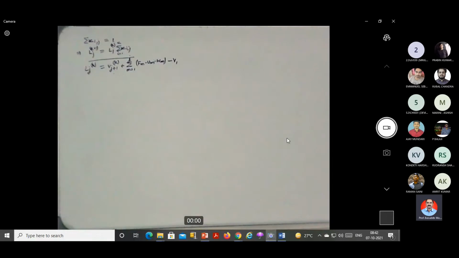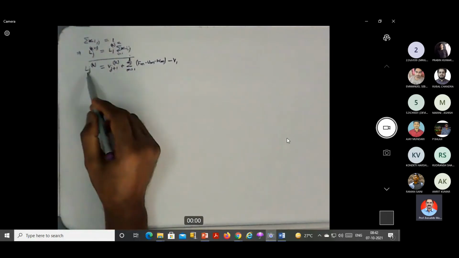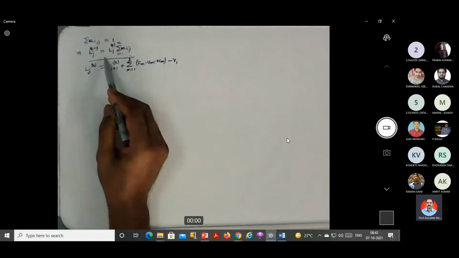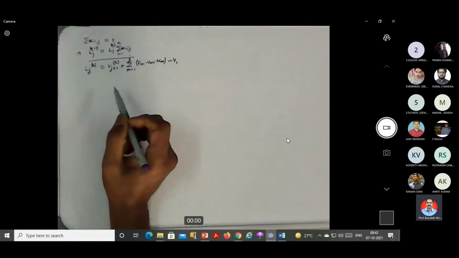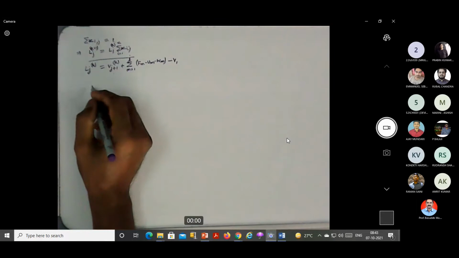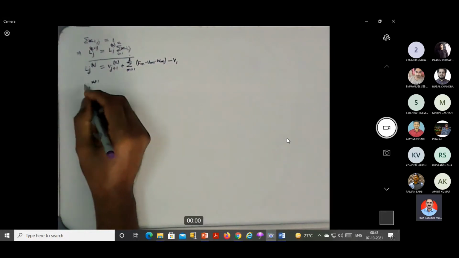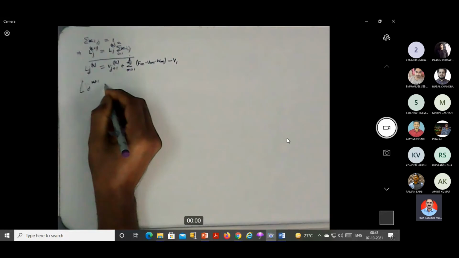So there is a big difference in these two points: Lj we calculate from the sum rate equation, and Vj we calculate using the mass balance equation.